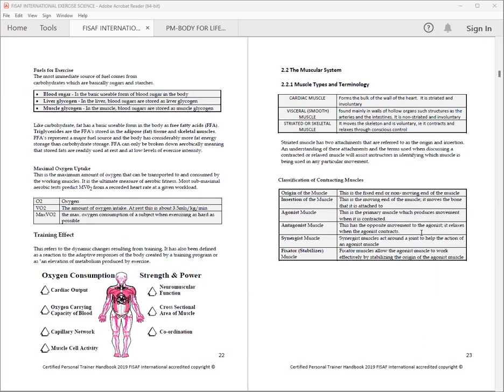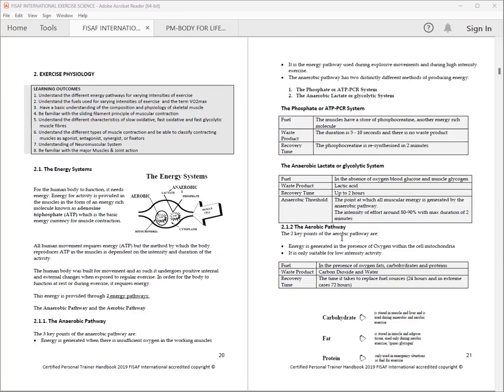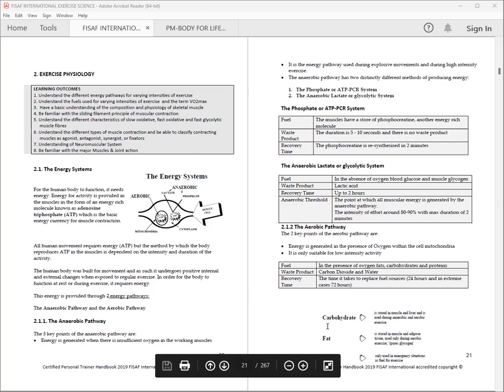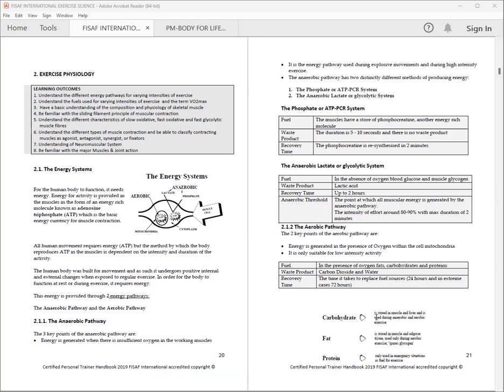Okay, so then our aerobic pathway. The fastest way our body gets energy is from carbohydrate. We are not talking now about the difference between complex and simple carbohydrates; let's just call them carbohydrates. Nutrition we will cover later. You have carbohydrates available in your blood as blood glucose, in your liver as liver glycogen, which is the stored form of sugar, and in your muscle as muscle glycogen.